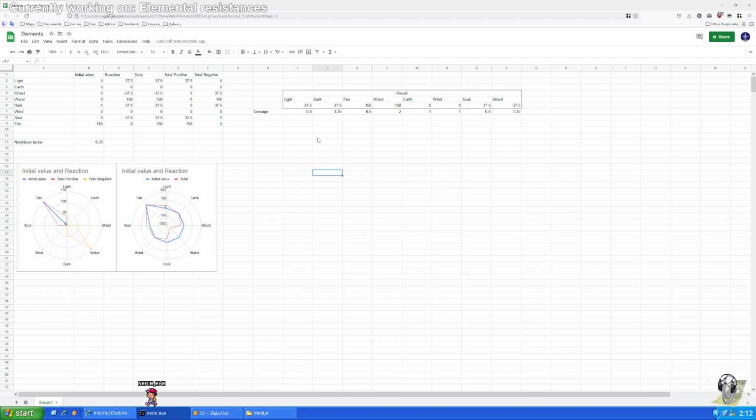Now I can actually implement this thing for the monsters. Okay, so Vedans, for example, they're gonna have 150 and minus 150, right? Let's test that.